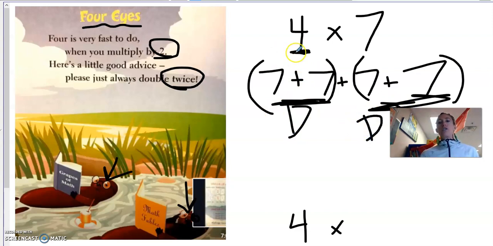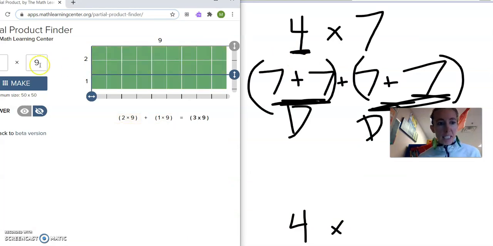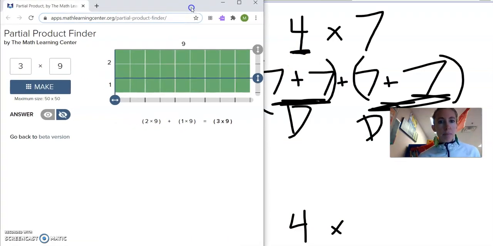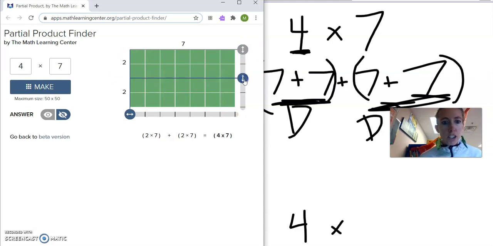Okay? So let's look at it in our partial product app. So I'm going to type this in. Instead of a 3 by 9, we're looking at a 4 by 7. And there's my 4 by 7. But instead of seeing this 4 as a whole 4, I'm going to split it up into 2 and 2, because now I see a double of 7 and then another double 7.